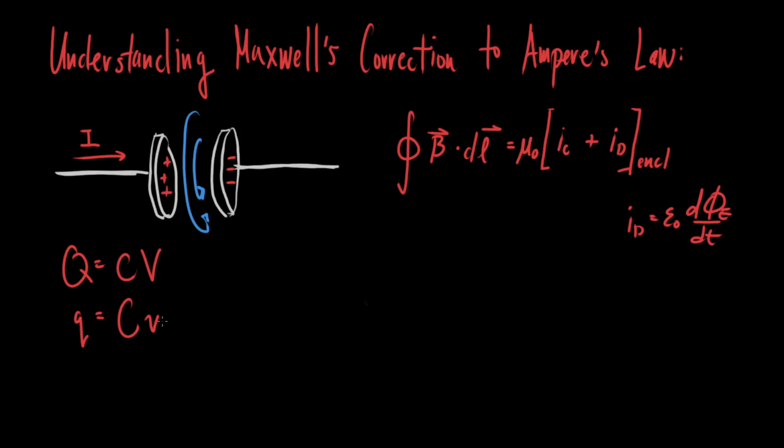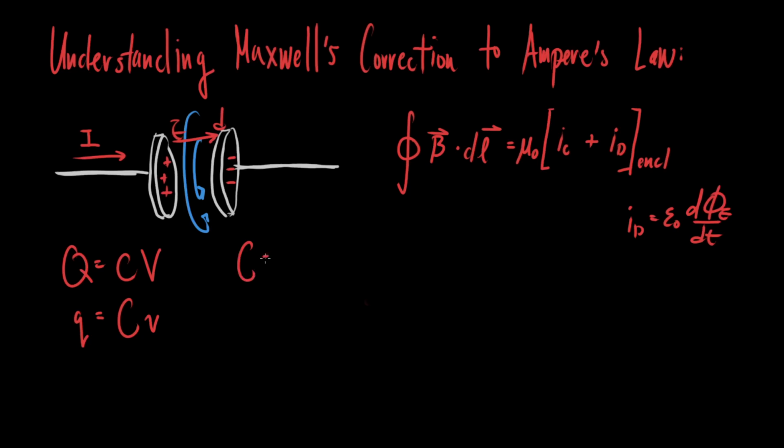So Q is equal to CV. And is there another way we can write capacitance? Is there a related formula? So I encourage you to try to think about that. And is there a related formula for voltage, relating to electric fields, E, and some distance, and areas? I'm giving you hints here.